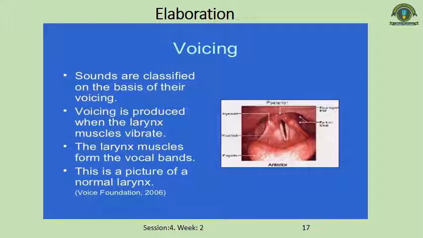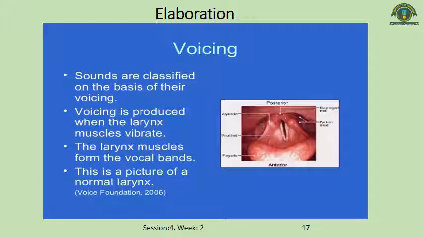The second thing which is very important to understand is that voicing is produced when the larynx muscles vibrate. There are certain muscles, and when they vibrate, we can say, okay, this is voicing. Voicing is produced when the larynx muscles vibrate, in fact through air. Do you remember?